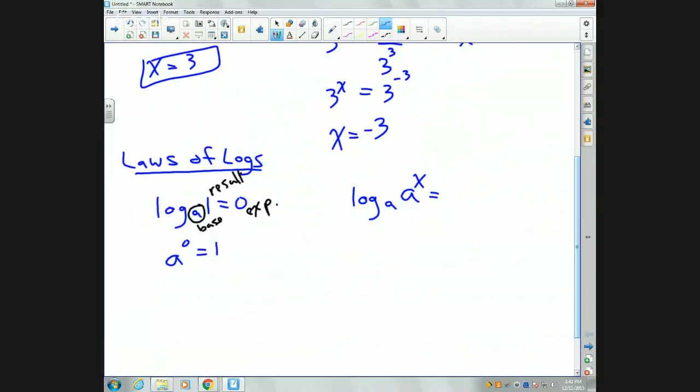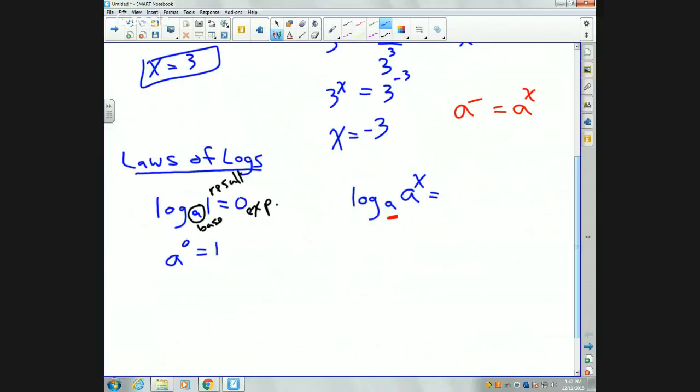Oh, you changed your answer. A is the same value, right. So this means that a to some exponent equals a to the x. So if I write that down somewhere, a to some exponent, I'll leave it blank, has to equal a to the x.